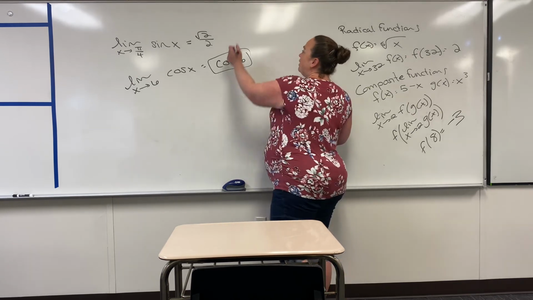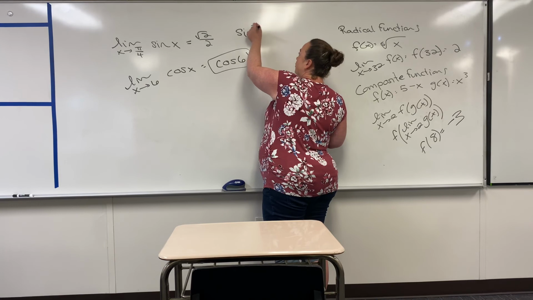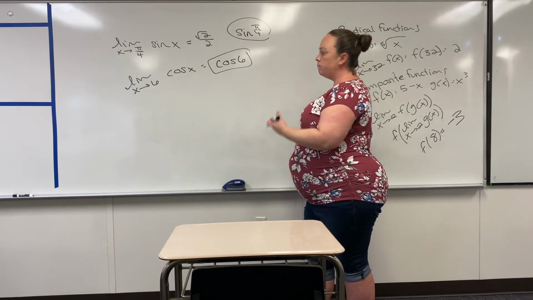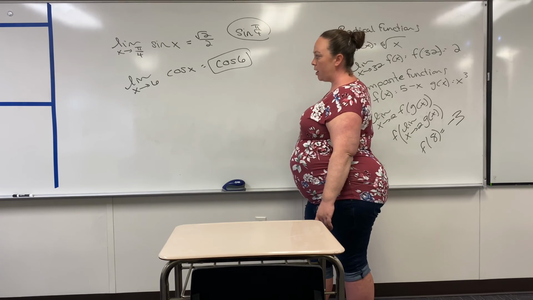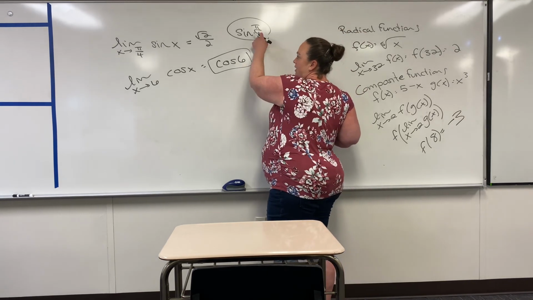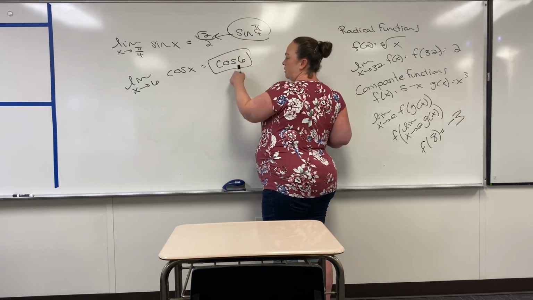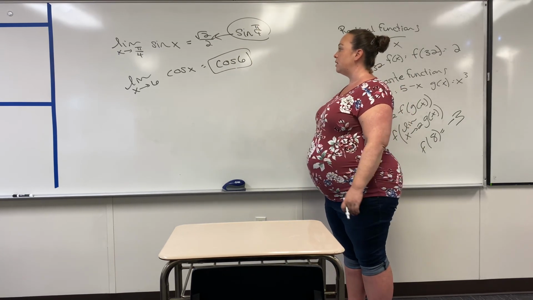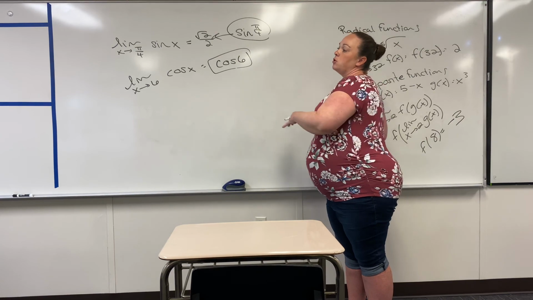You can't leave it as something like the sine of pi over 4 because this is a thing that you're supposed to know, okay? You don't know the cosine of 6 off the top of your head. So leaving it like this is fine. This is unacceptable. You have to evaluate it. This would be okay, all right? And really, that's it for evaluating analytically. Just plug the numbers in, okay?